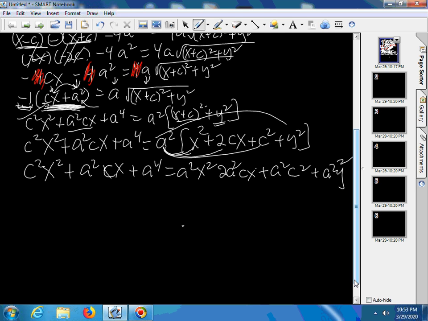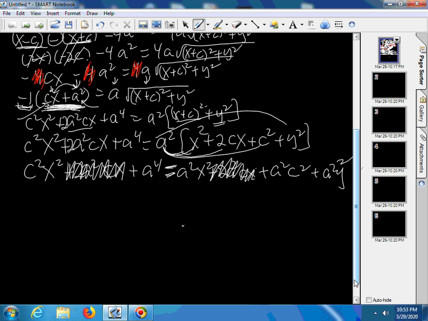I just wrote down a squared times c squared. Supposed to get 2 times that. Sorry about that. And then I notice on the left side of the equal sign, I have plus 2a squared c squared, and on the right side, I have plus 2a squared c squared. That is, they cancel out.